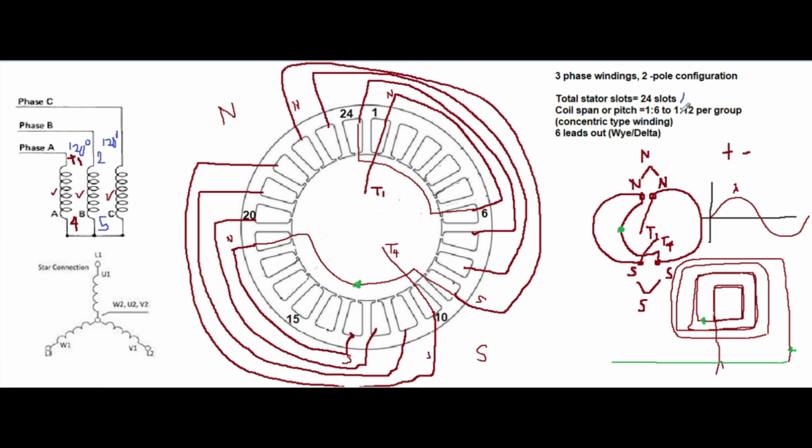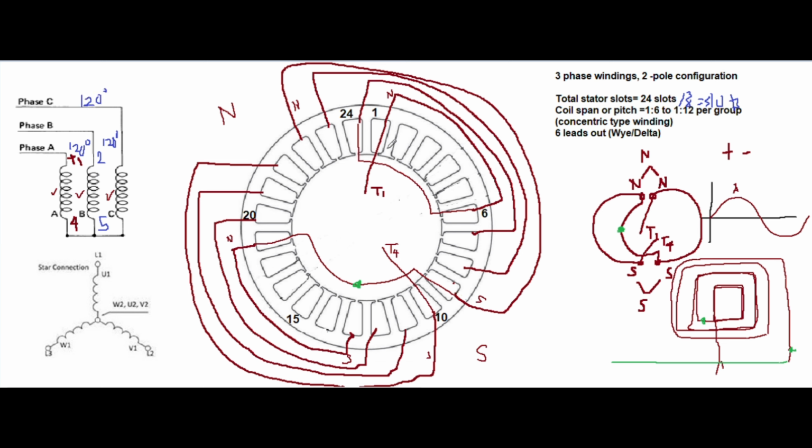So if we have 24 slots divided by 3, we have 8 slots apart between phase A, phase B, phase C terminals. 120 degrees.